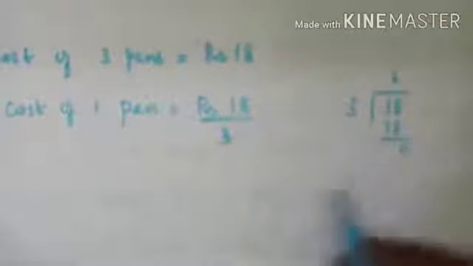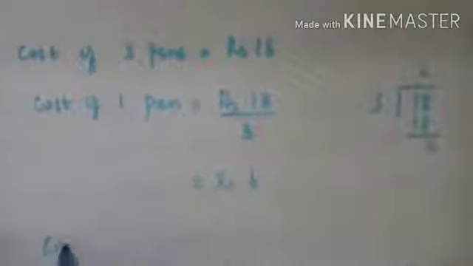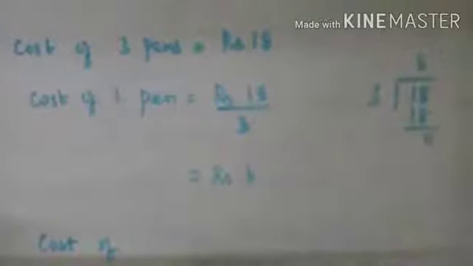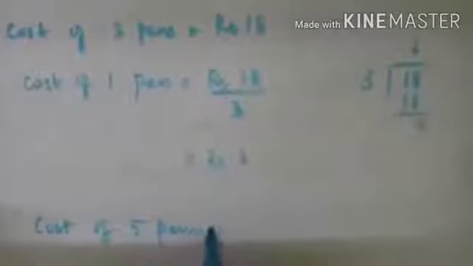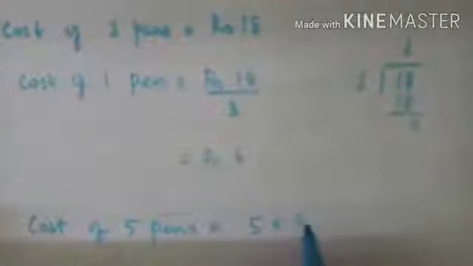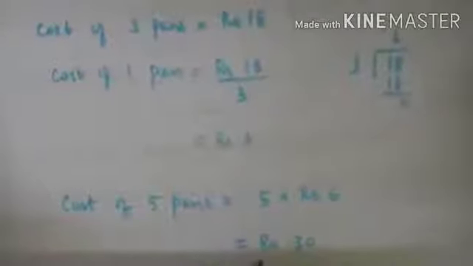So 18 divided by 3: 6 3s are 18, isn't it? Therefore cost of 1 pen is rupees 6. The cost of 5 pens is 5 into rupees 6, that is, 6 5s are 30. So the cost of 5 pens is rupees 30.